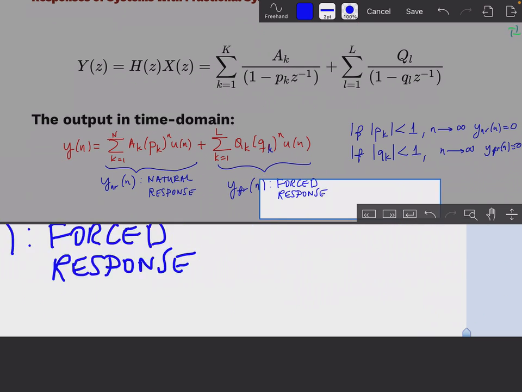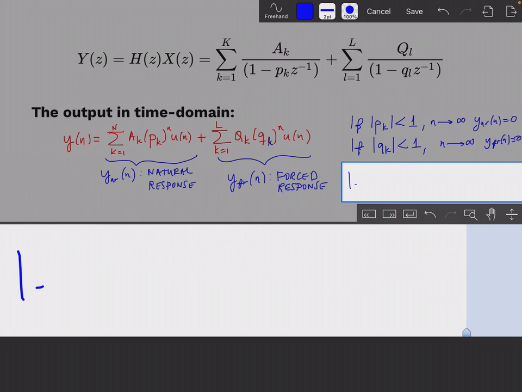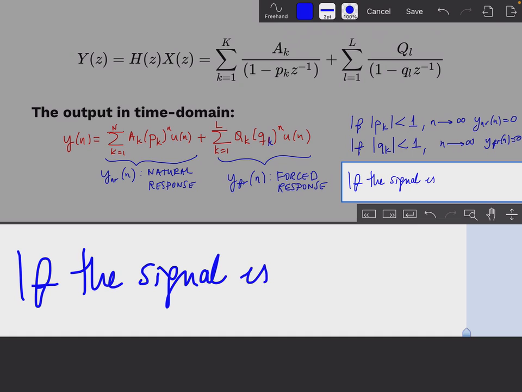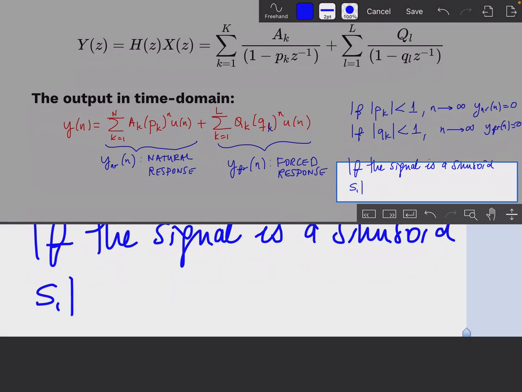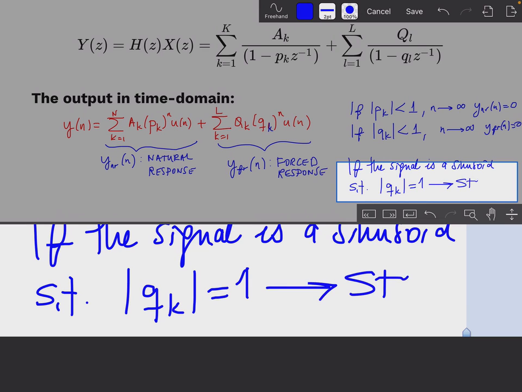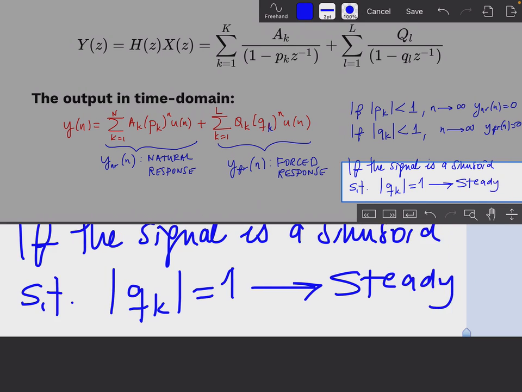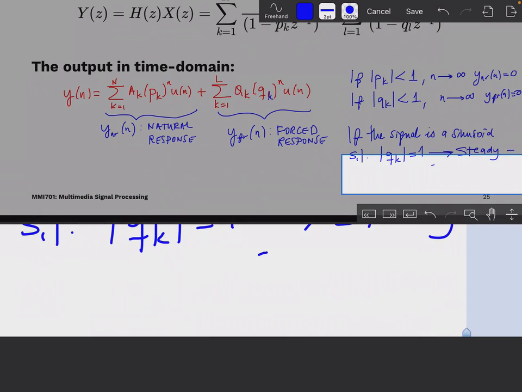However, if the signal is a sinusoid such that any q_k is on the unit circle, then the system is going to provide the steady state response.